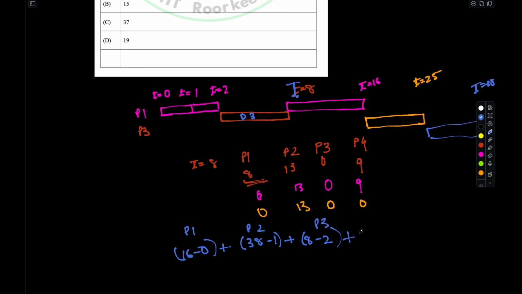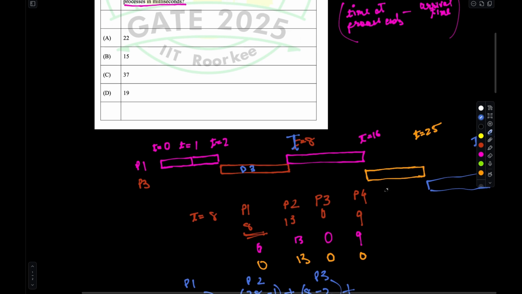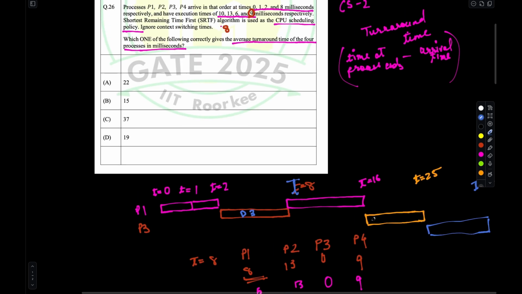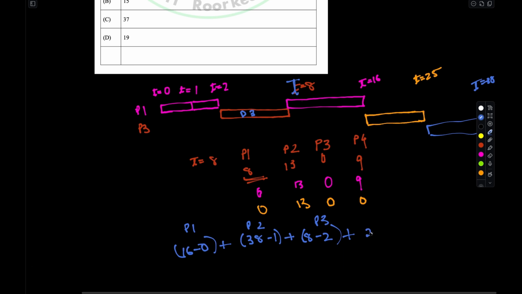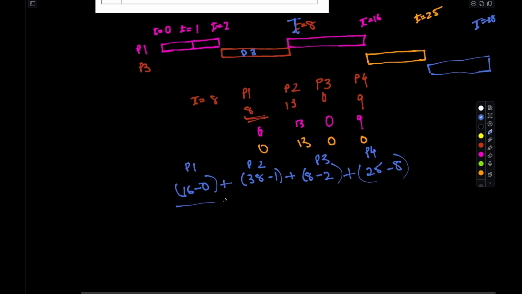And now for P4, which is this yellow process, it arrived at 8 milliseconds and it ended at 25. So we would be doing 25 minus 8. If we divide this entire thing by 4, because we have a total of 4 processes, we would get 16 plus 37 plus 6 plus 17 upon 4.